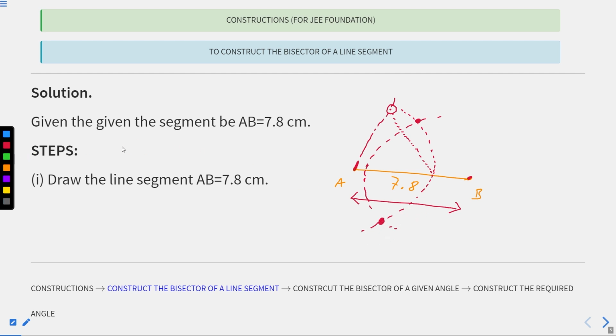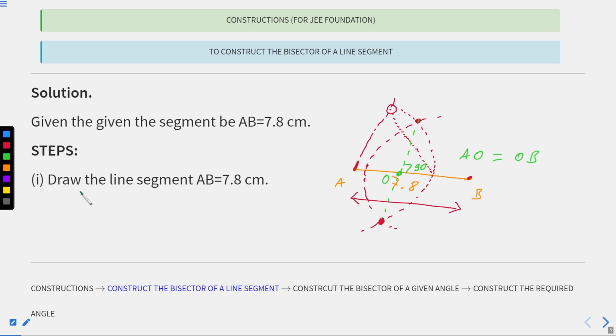Joining these two intersection points, we get our perpendicular bisector. Say the point where it meets AB is O; then AO is equal to OB. I hope this is clear.